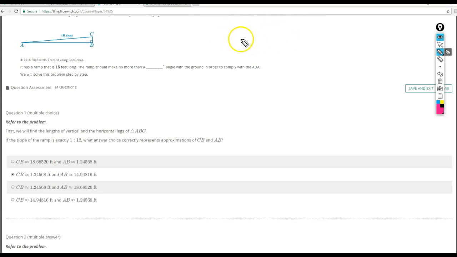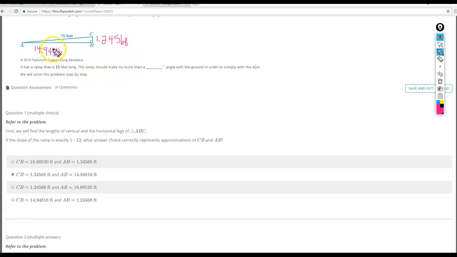To find an angle, use inverse trig functions. Then I'm going to mark on here what we were given. We were given that CB is 1.24568, and side length AB is 14.94816.